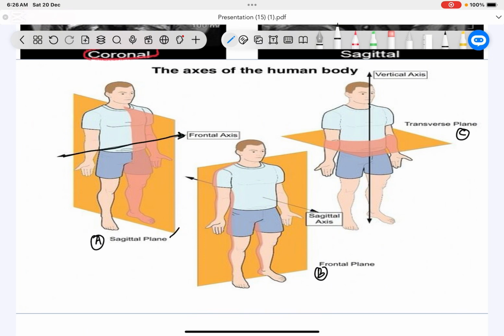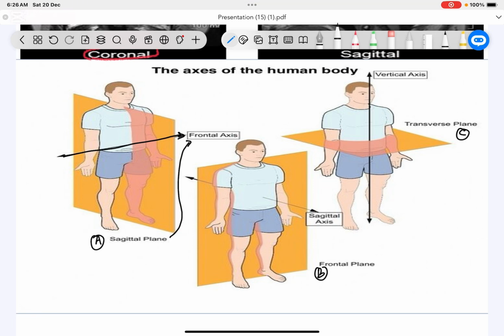And of course, in sagittal plane, the axis should be frontal axis. So, if it is frontal axis, what movements should take place? The movements will be flexion and extension, dorsiflexion and plantar flexion.